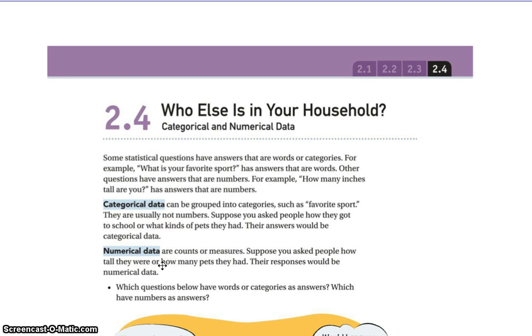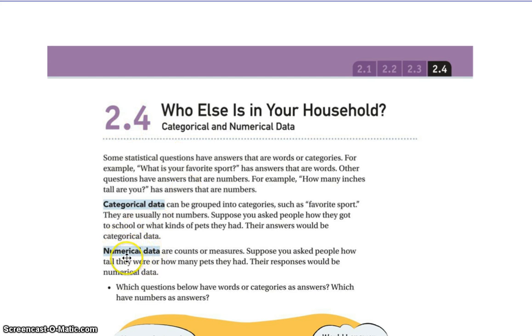Categorical data can be grouped into categories such as a favorite sport. The answers are usually not numbers, and we can usually find everything statistically that we can find with number data, with the exception of the mean, because the mean is a numerical value.